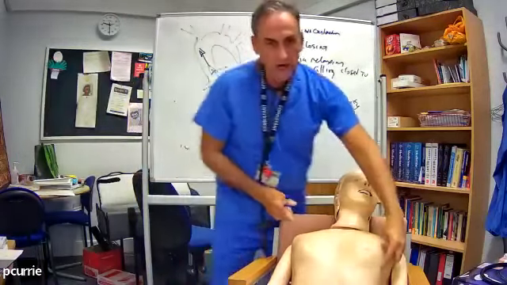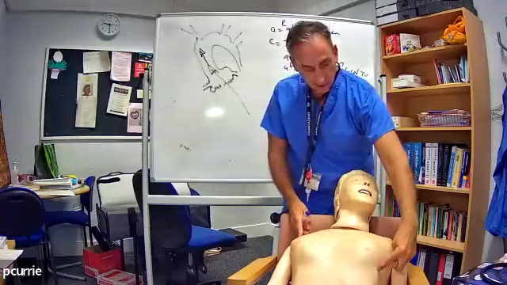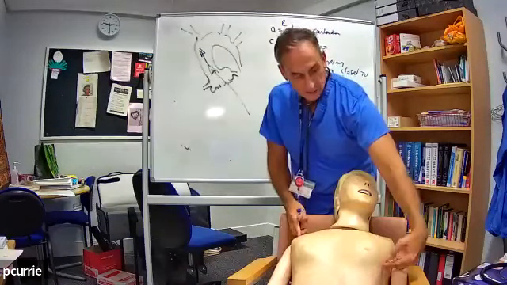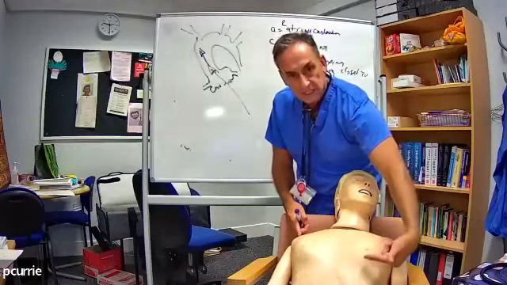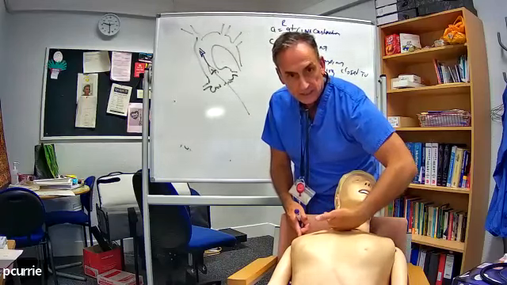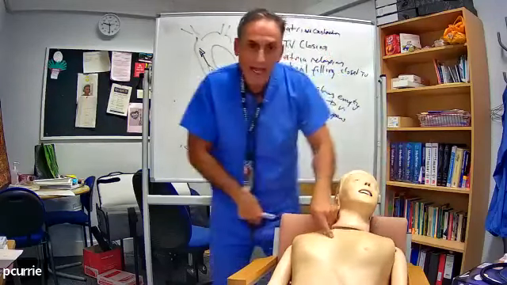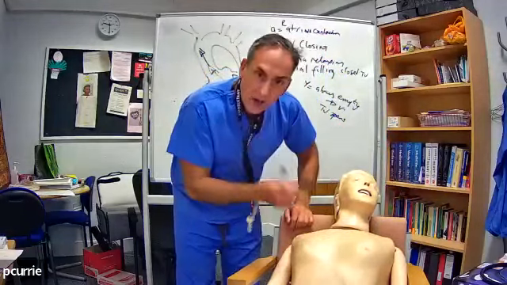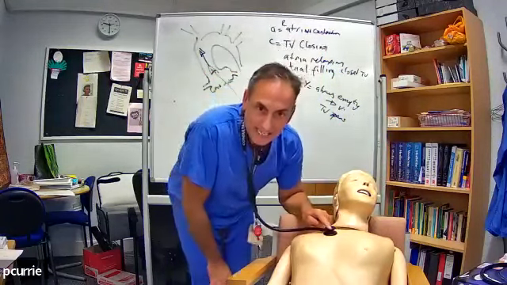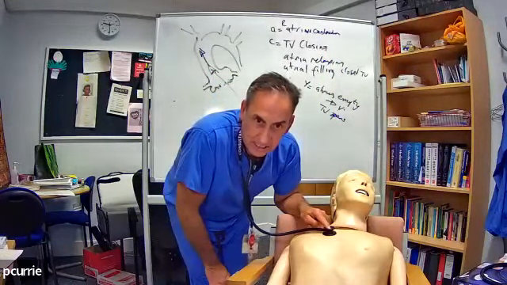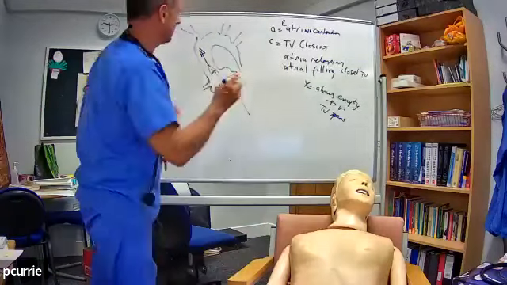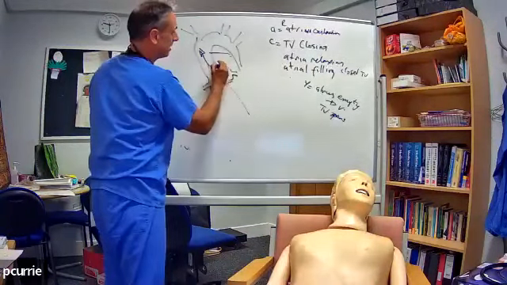And if we think about that on our subject here, you've got the left ventricle pumping in this direction into the aorta, okay? So that is why we say that the aortic area is in the second intercostal space. The pulmonary area is the exact opposite.